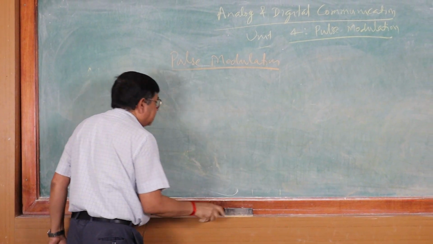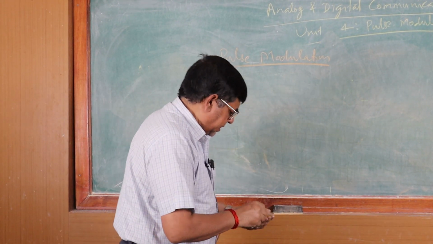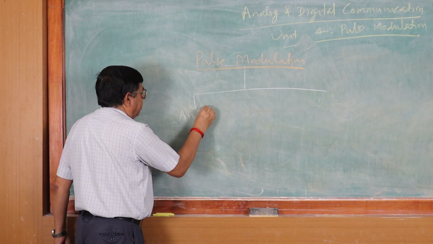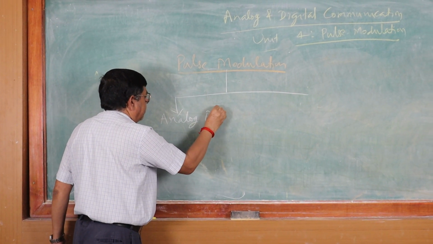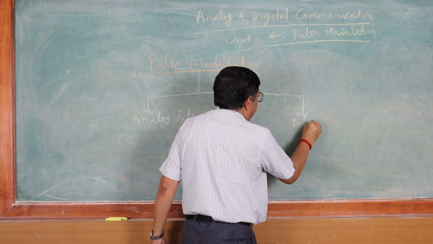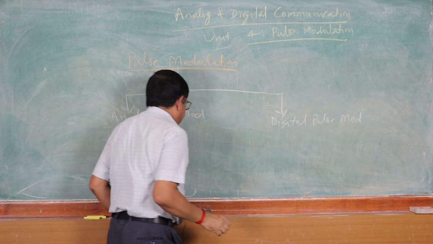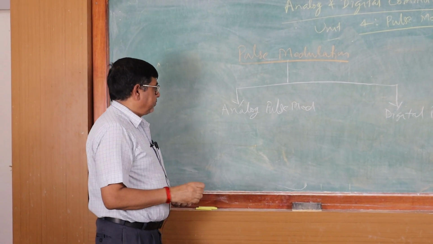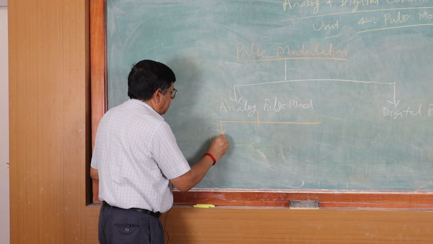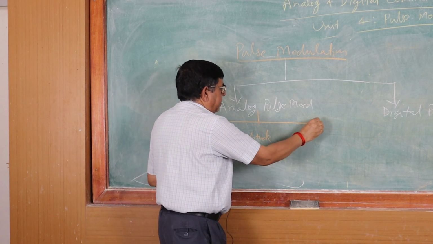Now you see different types of pulse modulation. Basically we have two different types: analog pulse modulation and digital pulse modulation. Analog pulse modulation is again divided into two parts: pulse amplitude modulation, and then pulse time modulation.